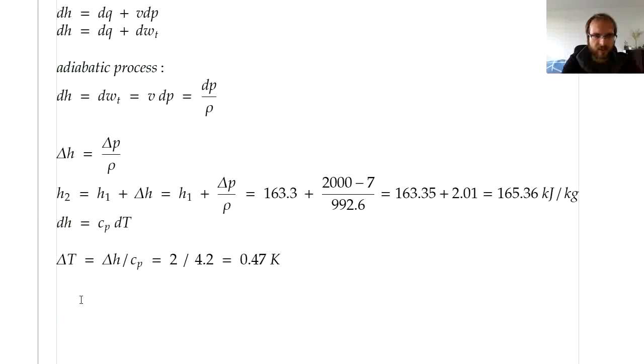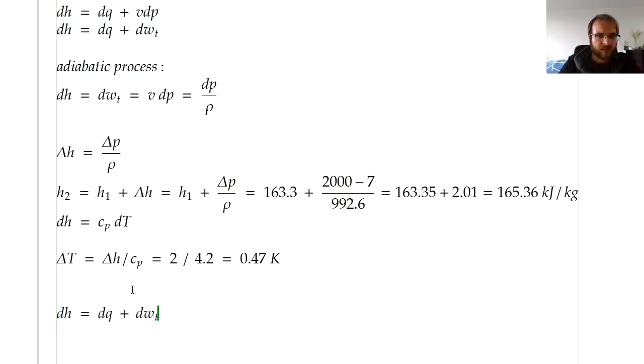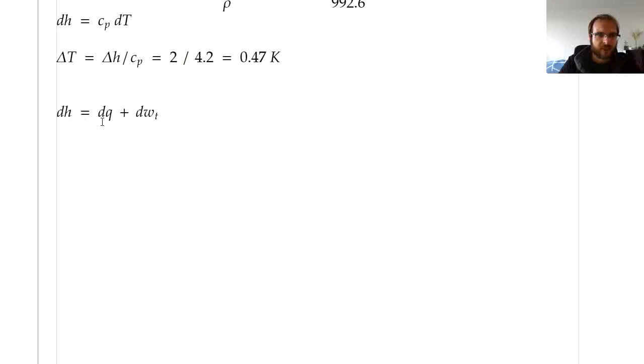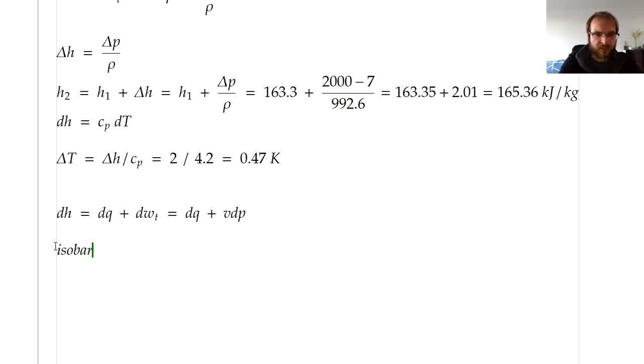So for that, let's again use the first law of thermodynamics, actually already the part which we have had over here. Change in enthalpy is change in the heat transfer plus change in the technical work. First, for the isobaric heating process, since it's isobar, there is no change in the pressure, so the dP member would be 0.